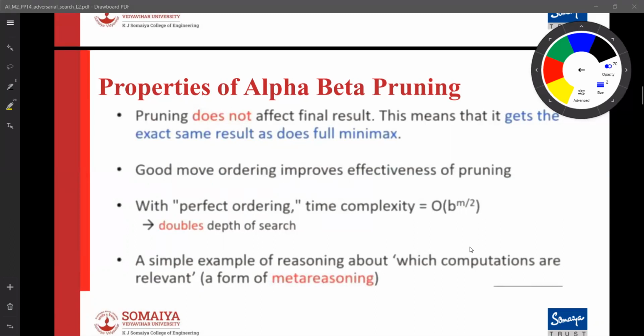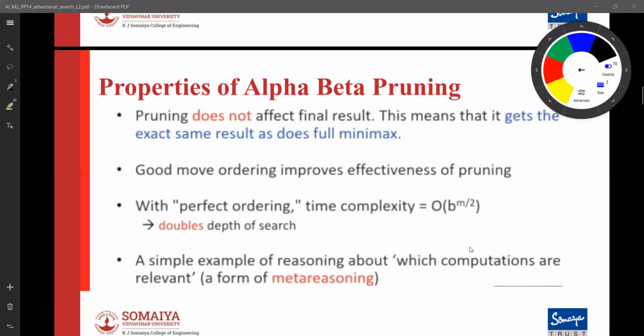Good move ordering makes a difference of one level. So if you do the best ordering, you will get the best result in alpha beta pruning. So now you start thinking in the back of your mind, how can I order moves better? We will come to that later on. But good move ordering improves the effectiveness of pruning significantly, because in the worst case, no pruning gives me b to the power m.